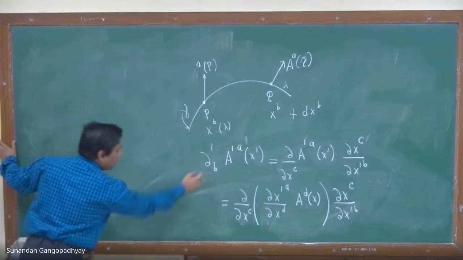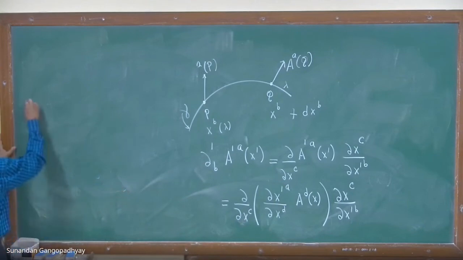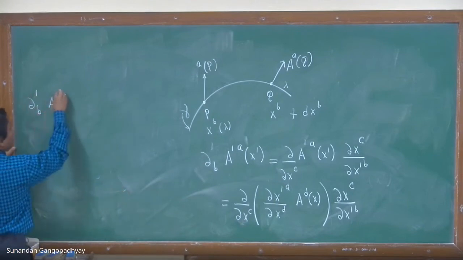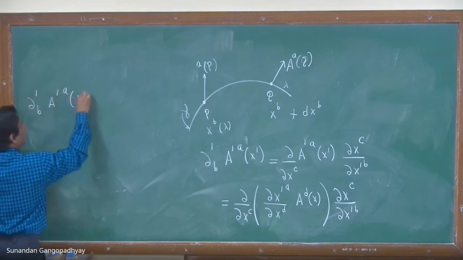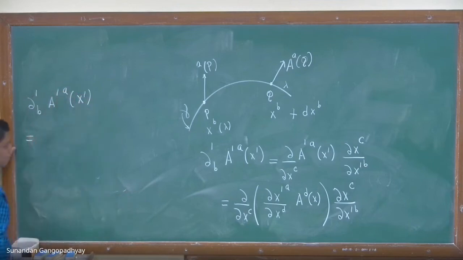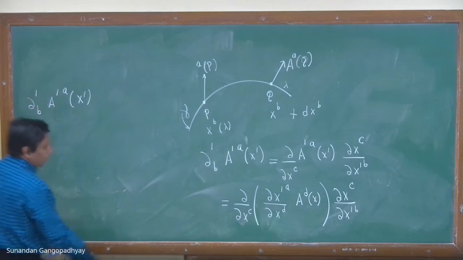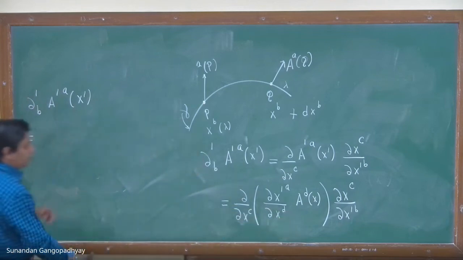Let us come back to this thing. We have this part, del prime_b A prime_a equals. From here we get two terms. What are those two terms?